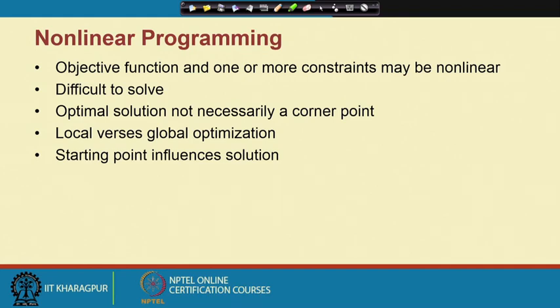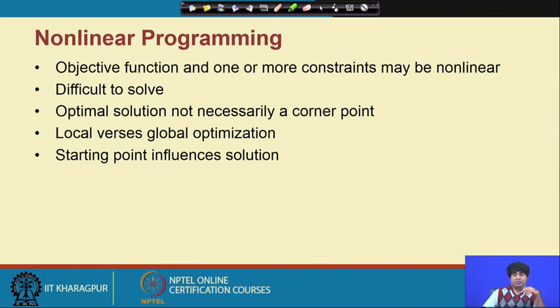Sometimes, depending upon the problem structure, there is a complexity in getting the solution. If there are more variables and more constraints, and the constraints are nonlinear in character, then the complexity will start increasing.